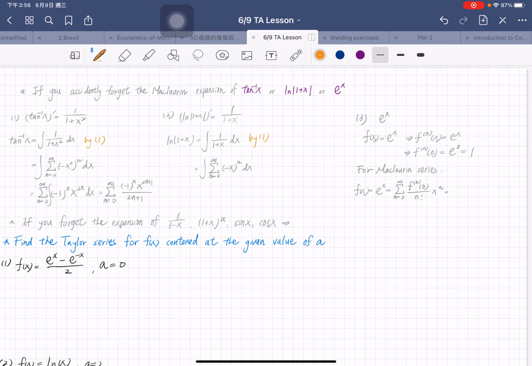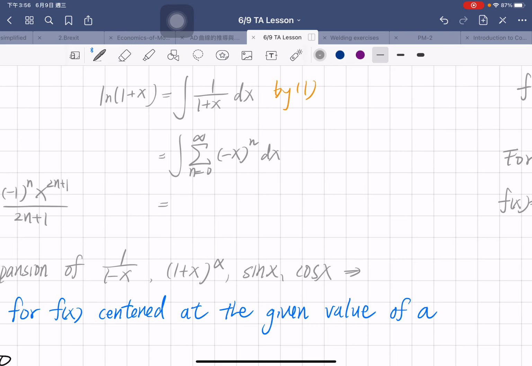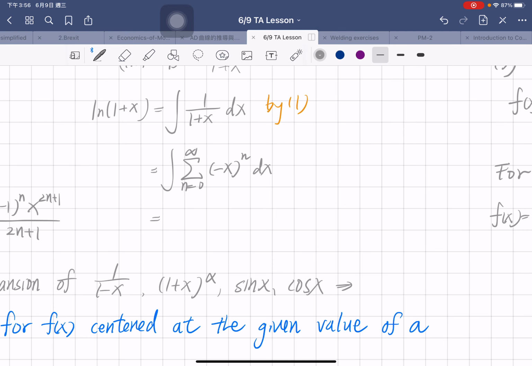So by the first elementary function, we can turn it into the sum of (minus x) with n power. We take minus 1 out, and x with the n power dx. So it turns out to be the sum from n equals 0 to infinity of (minus 1) with the n power, x with n plus 1, divided by n plus 1.